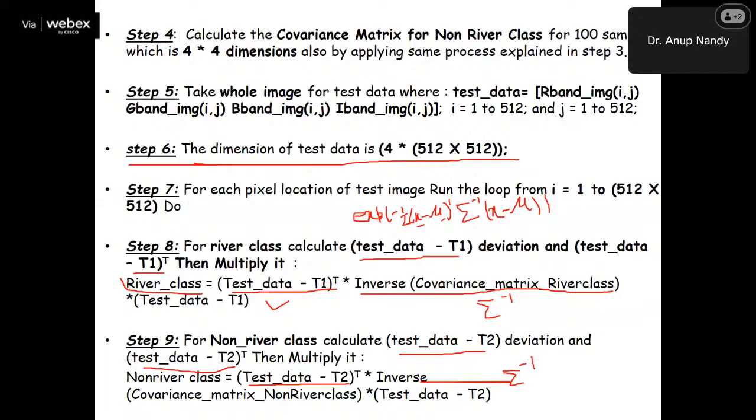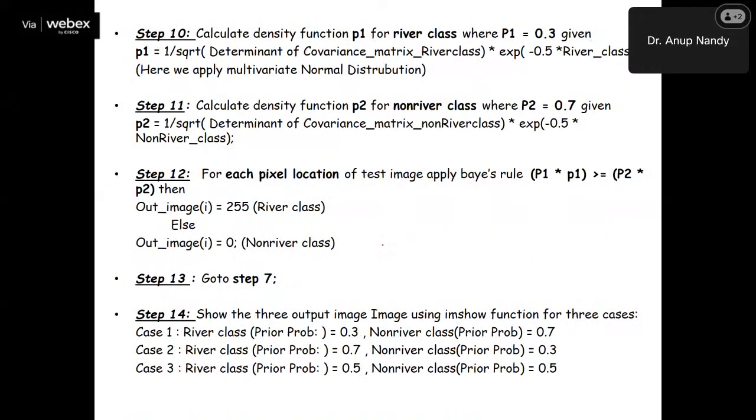So we are just applying the formula x minus mu transpose multiplied by sigma inverse, to calculate the density of the river class as well as the non-river class.